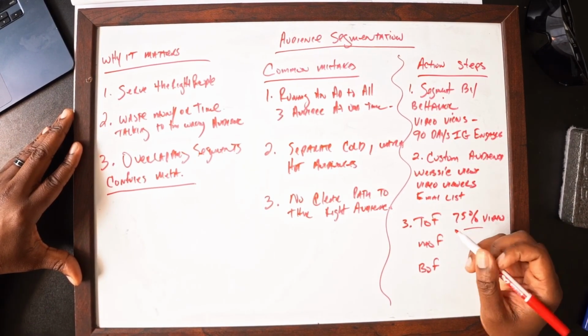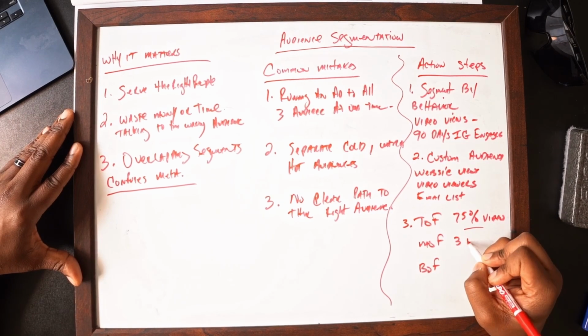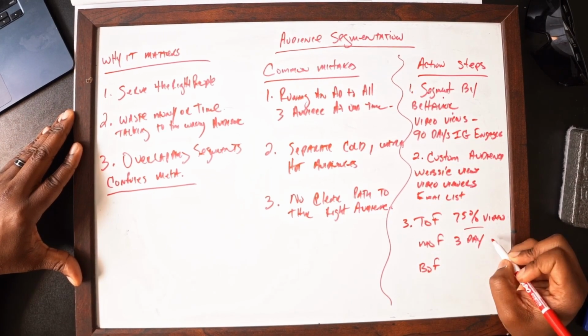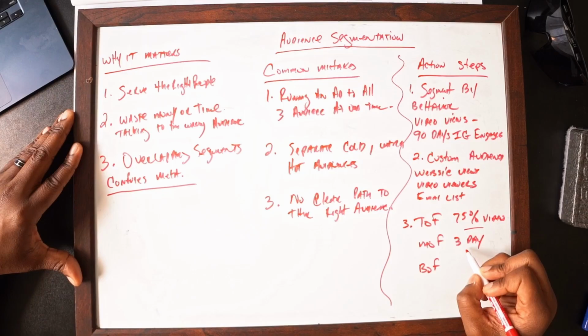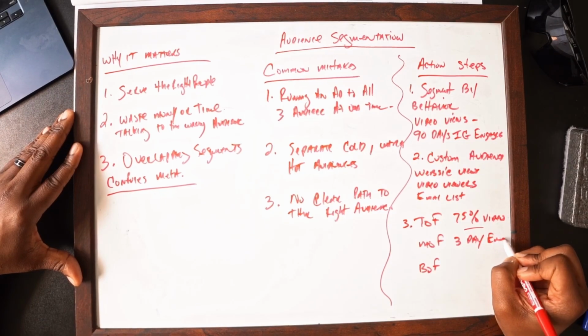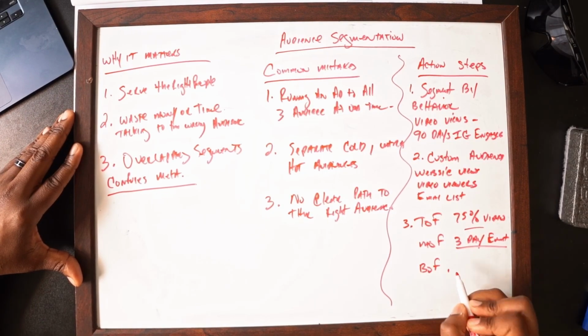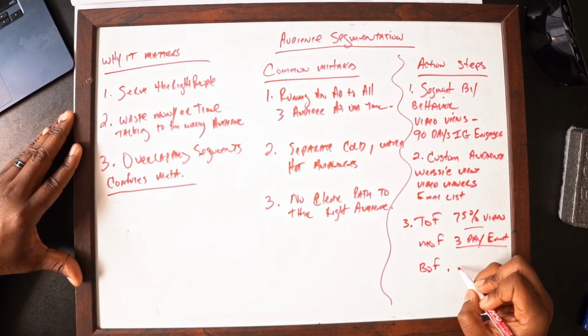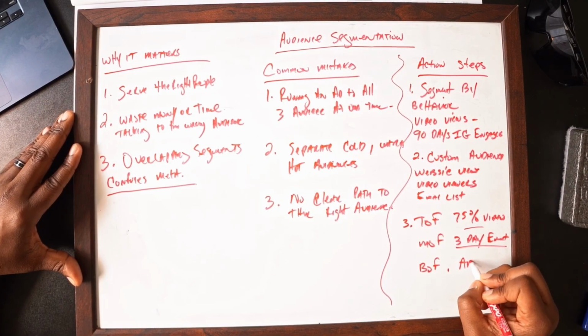And you can do a middle of the funnel of people who engage with your event for 3 days, okay? And then the bottom of the funnel, you want to retarget the people who abandon the cart.